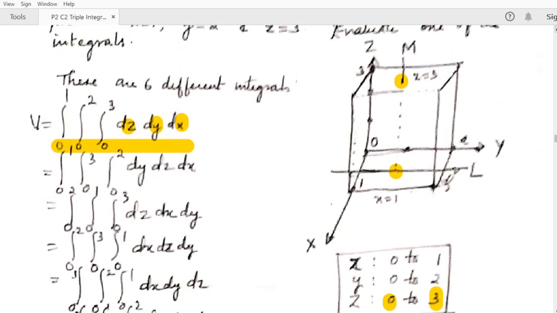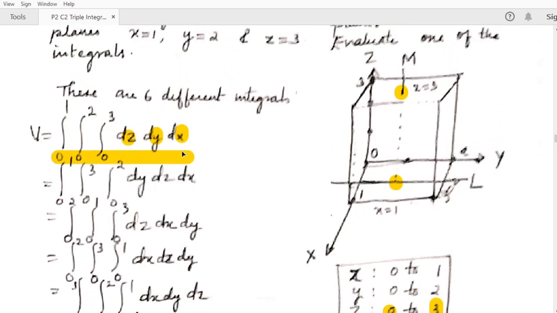Now we have to find the limit of x and y. Next we have to find the limit of y and then x.